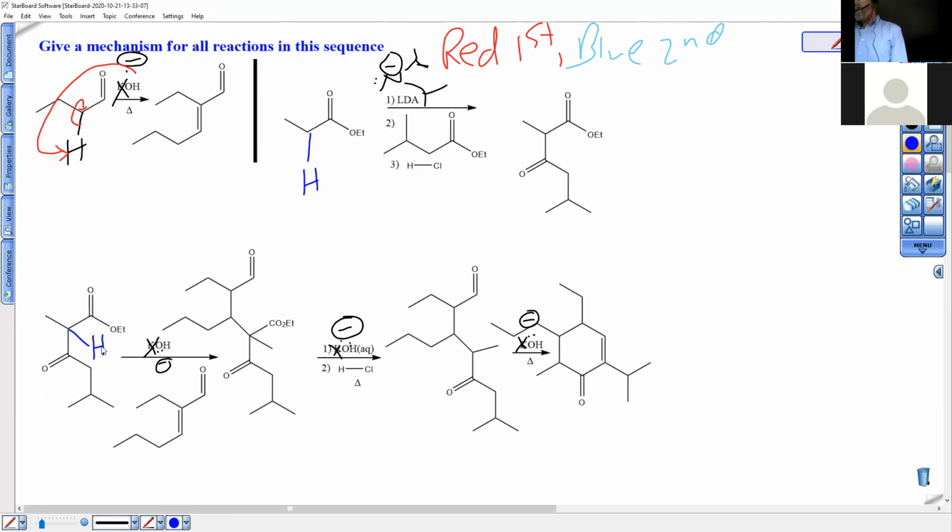And OH minus AQ. Sadly, we got to redraw that. That's that saponification. Hydroxide. So a good tip to you, when you see me put OH minus AQ, I'm trying to guide your thinking towards saponification. Otherwise, I'll just have OH minus.